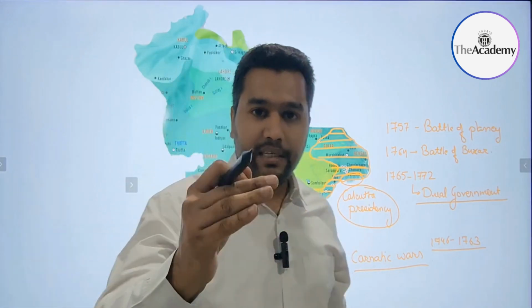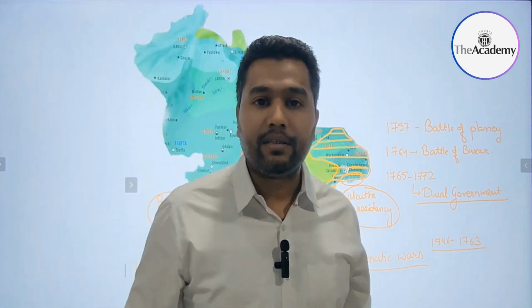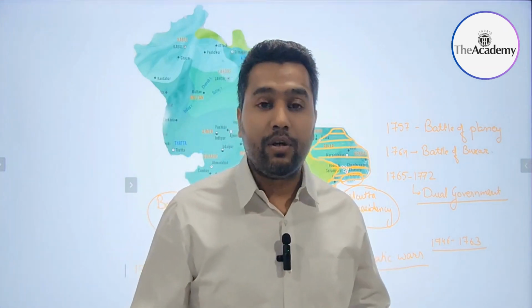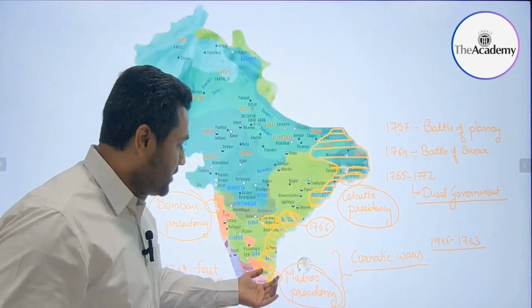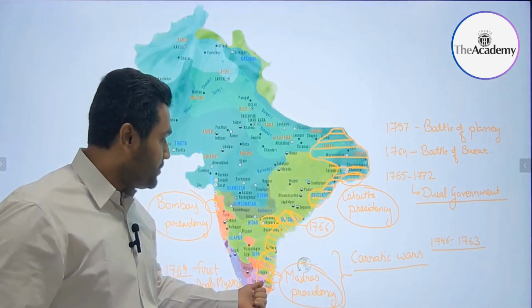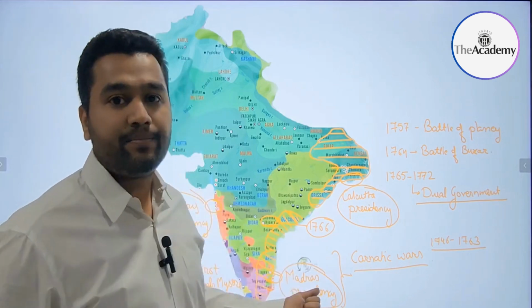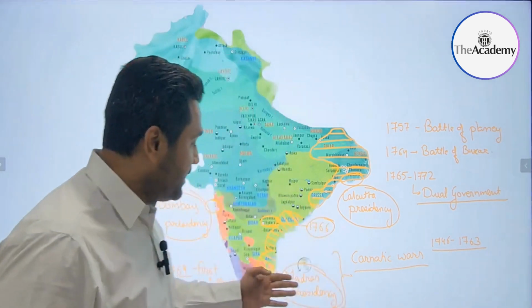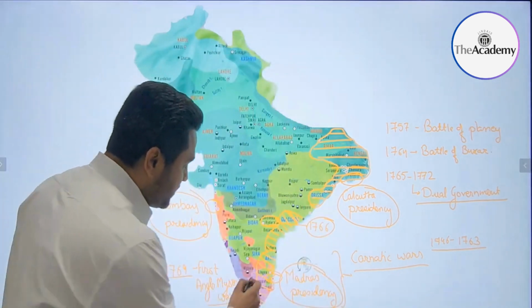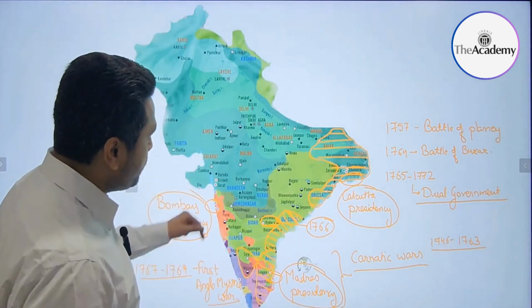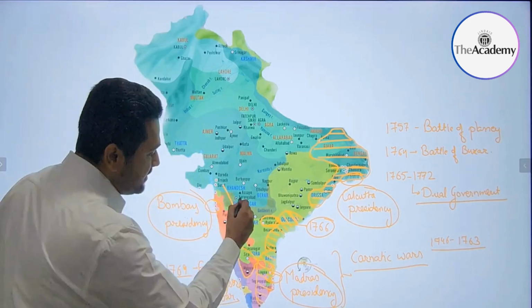The 1769 Treaty of Madras was disastrous for the British because they had to accept the rising Mysore as a friendly ally. And moreover, the English had to commit to Mysore that they shall come to Mysore's rescue if at all the Marathas attacked Mysore.